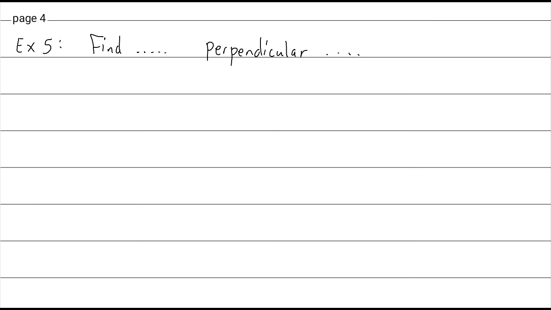Okay, so same question as before. This time the equation is 7x plus 6y equals 2y minus 2. And the point this time is (3, negative 3).